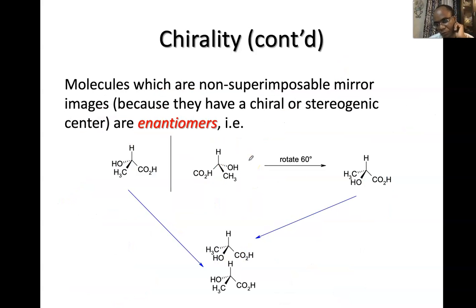Okay, so let's move on. Very soon we'll talk about R and S, and it's going to be easier for you to define enantiomers and diastereomers and meso compounds. Molecules which are non-superimposable mirror images, because they have a chiral or stereogenic center, are called enantiomers.